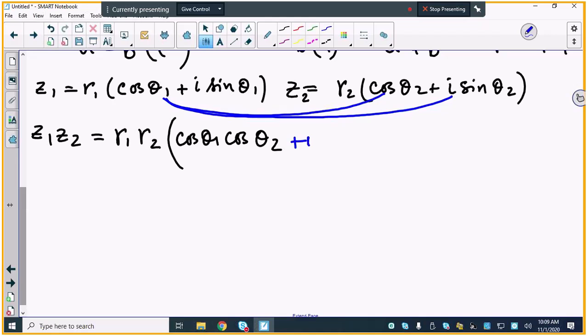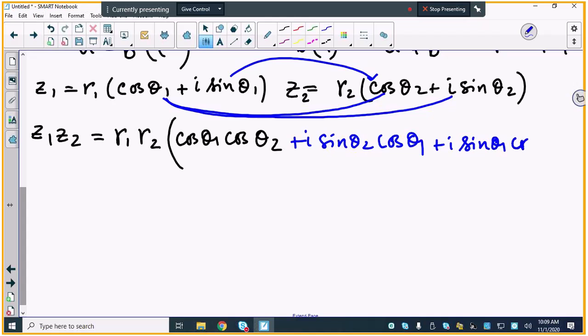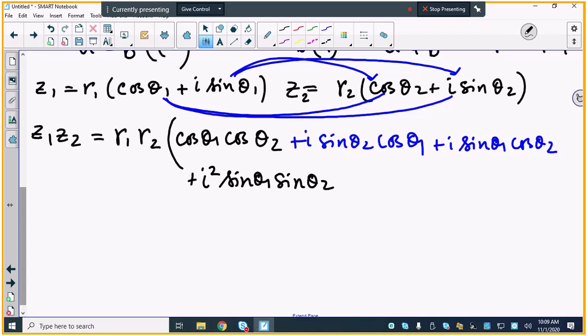So I will get i times sine theta 2 cosine theta 1. Then I can multiply this to that, and I will get plus i times sine theta 1 cosine theta 2, and finally there will be one other multiplication, and I will get i squared sine theta 1 sine theta 2.